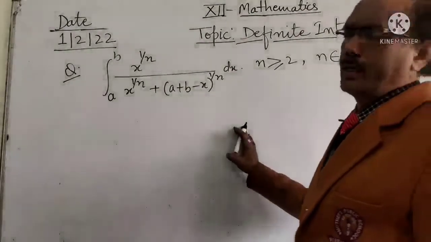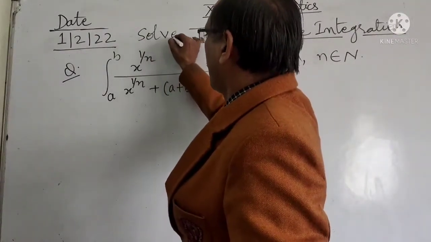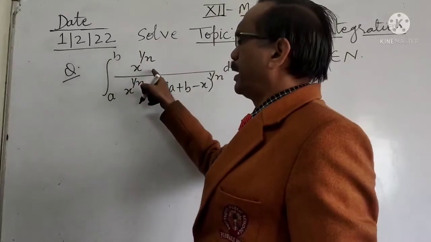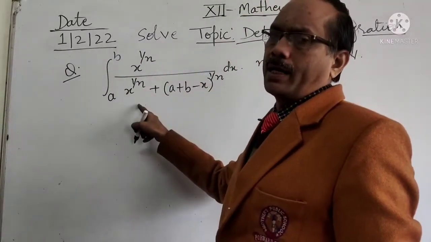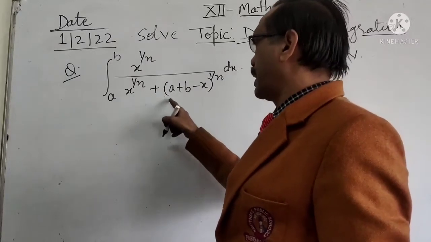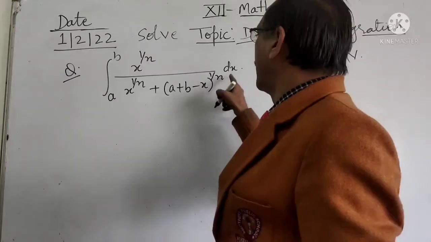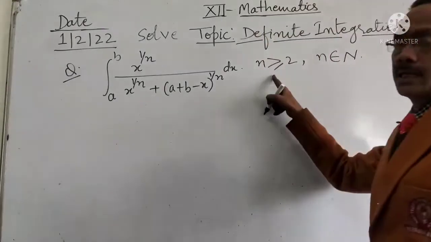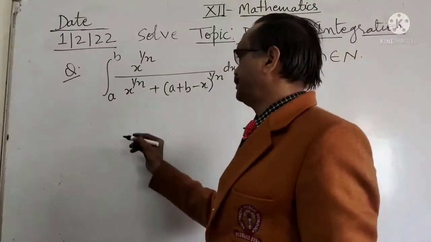Dear student, next is: solve the integration from a to b of x power 1 upon n divided by x power 1 by n plus (a plus b minus x) whole power 1 by n dx, where n is greater than or equal to 2 and n is a natural number.